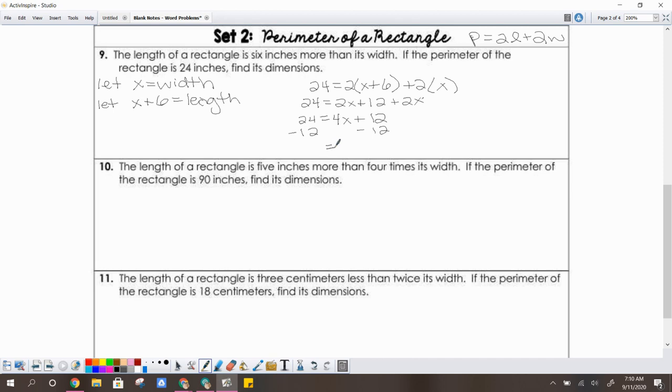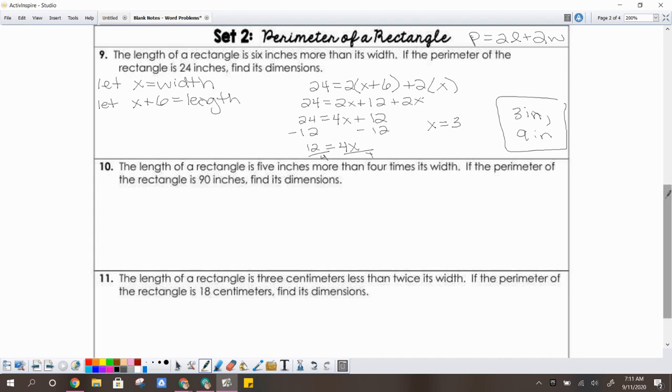So now I have 12 equals 4x. Divide both parts by 4, and then x equals 3. So my width is 3. Okay, and that's in inches because it says inches up here. So now I can put 3 into my length equation. So 3 plus 6, that's 9. So my dimensions would be 3 inches by 9 inches.